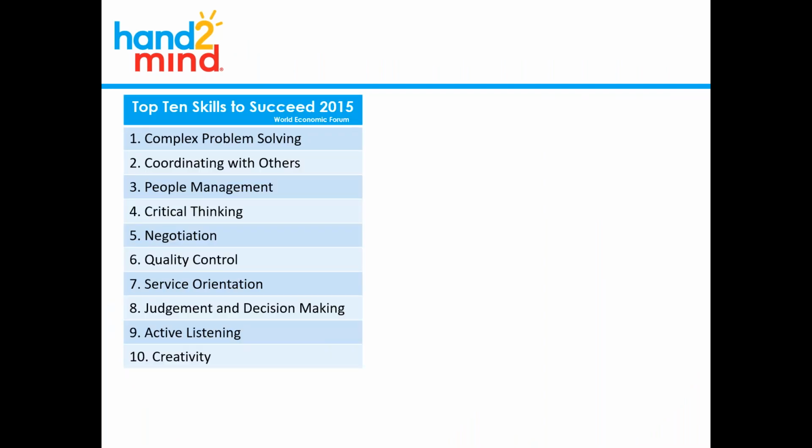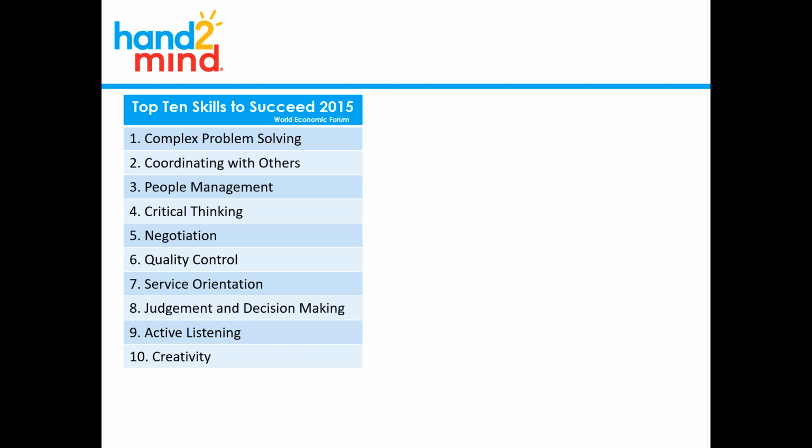So why do we need to do this? Well, this is the top 10 skills to succeed in 2015. I just want you to take a look at this. The number 1 skill was complex problem solving. And then look at number 4. We must have critical thinking.